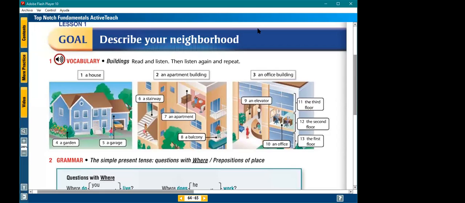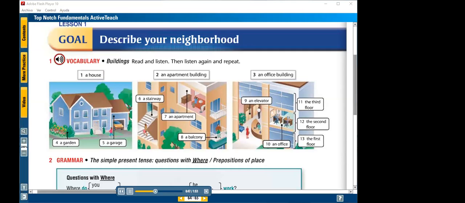Read and listen. 1, A house. 2, Apartment building. 3, Office building. 4, A garden. 5, A garage. 6, A stairway. 7, An apartment. 8, A balcony. 9, An office. 10, An elevator. 11, The third floor. 12, The second floor. 13.